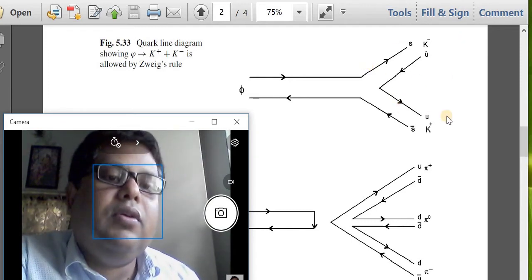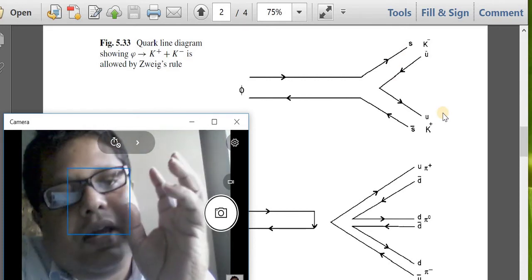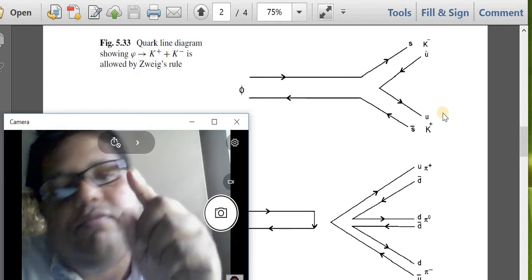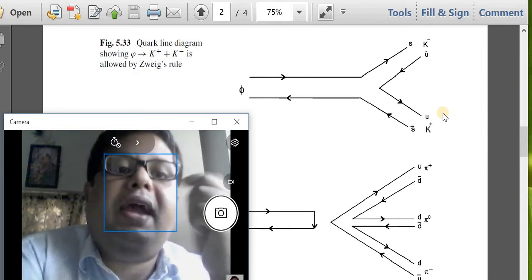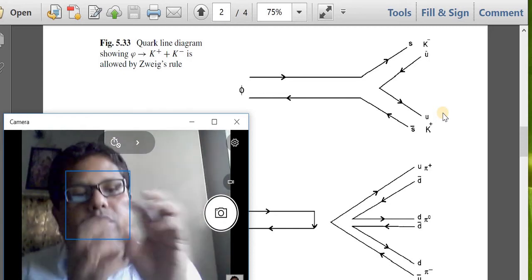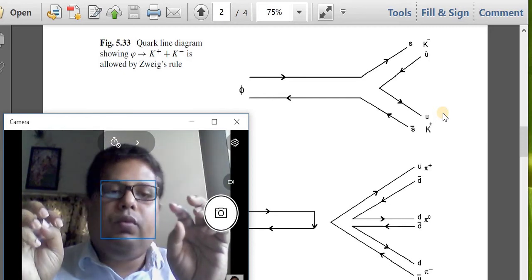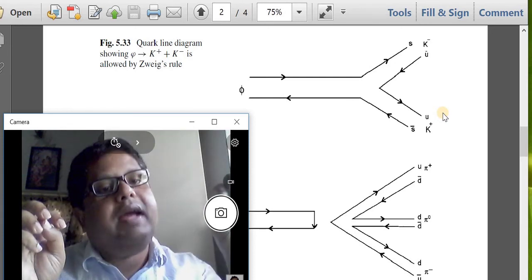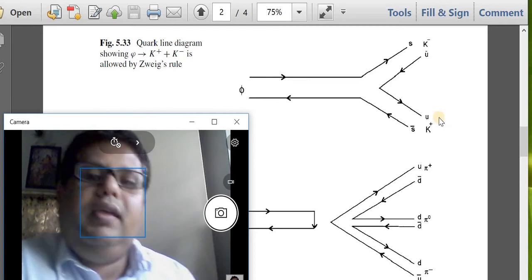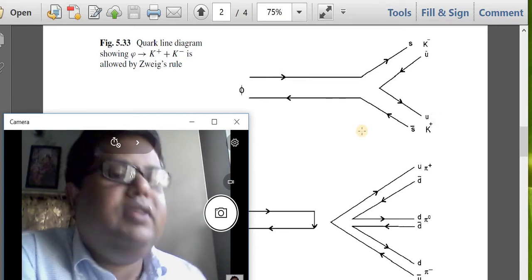In this case, the quark flow diagram would not have been possible without the creation of one pair of U and anti-U quark. When you create that, you put the U quark in one particle and the anti-U quark in another, and this way you can create two particles. So far there is no problem.